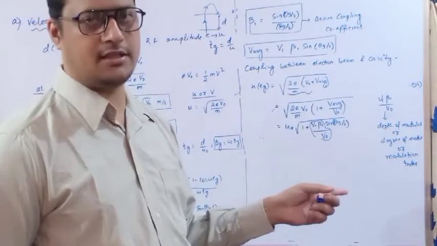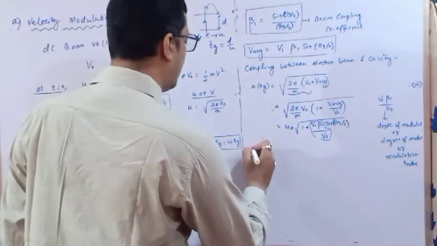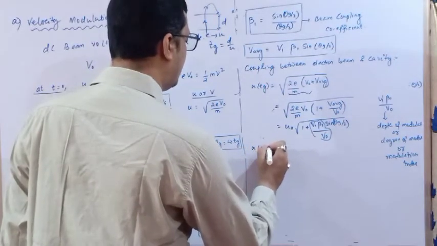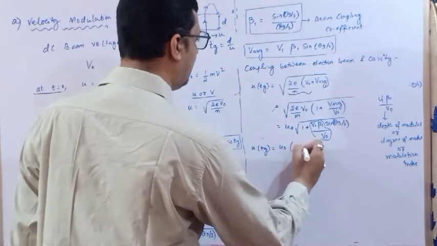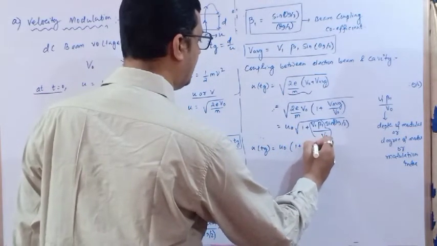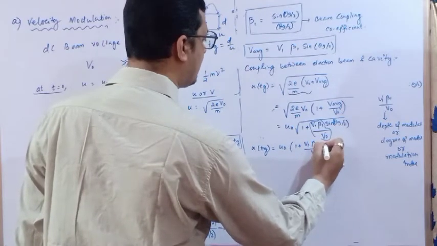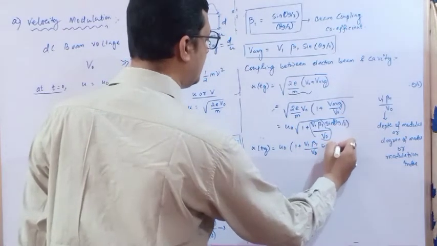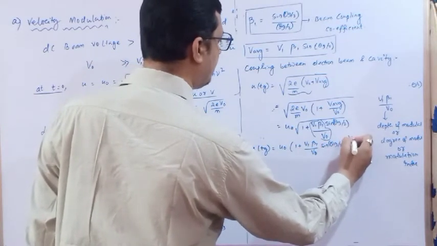Which sort of modulation? It is a velocity modulation. So here I will write in a neat manner u of Tg equals u naught into 1 plus V1 beta 1 divided by V naught sine theta g divided by 2, whole to the power half.